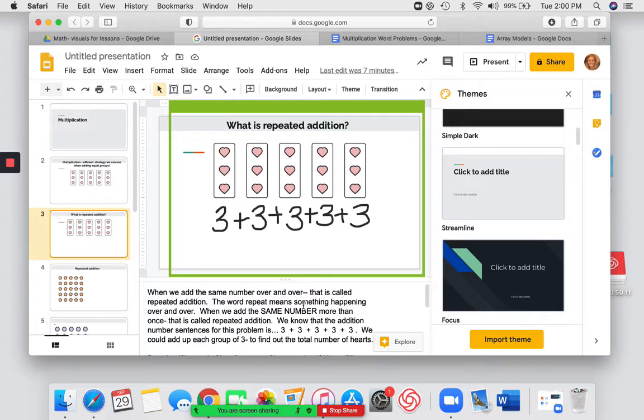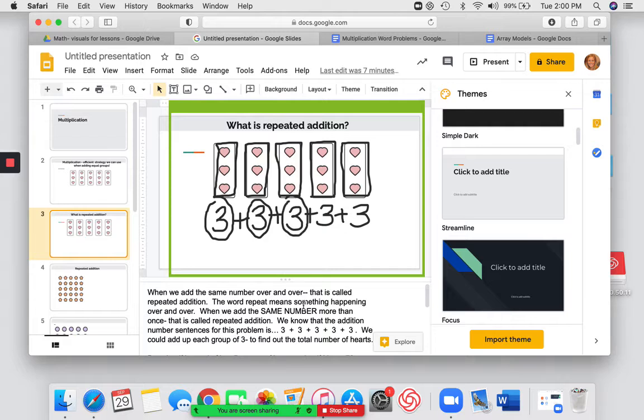I'm seeing that there are 5 groups. So when I'm looking at my addition number sentence, I should see that there are 5 groups of 3. 1, 2, 3, 4, 5.